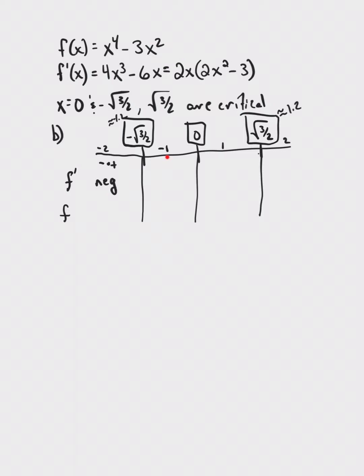If I plug negative 1, here I'm going to get a negative. And here I'm going to get 2 minus 3 is negative. So I have a negative times a negative. That makes a positive. All right. And then if I plug 1 in, I'm going to get a positive times a negative.